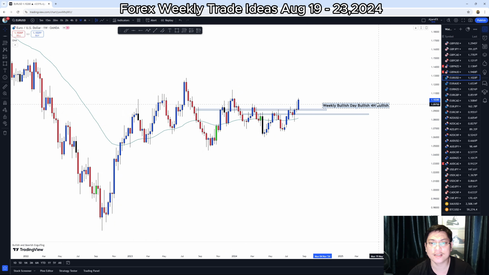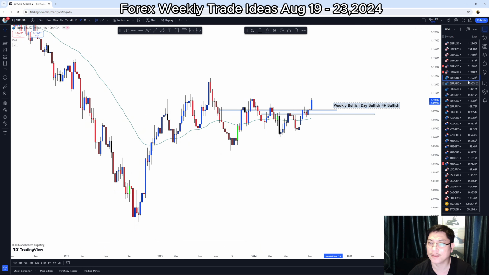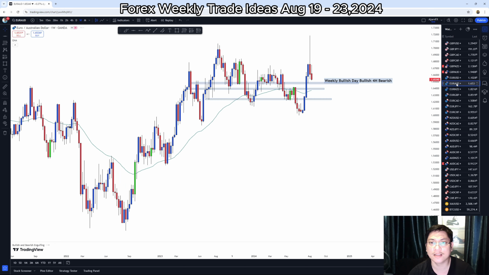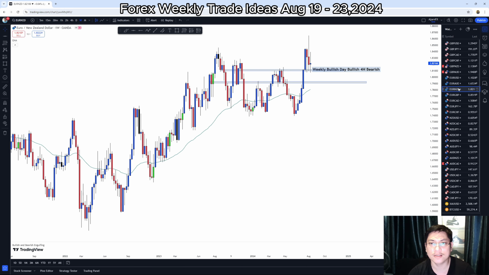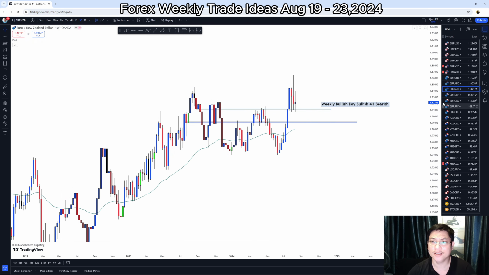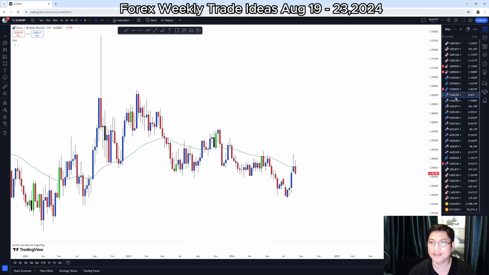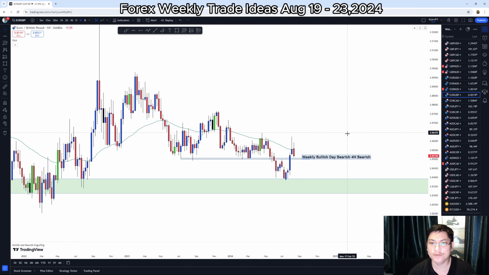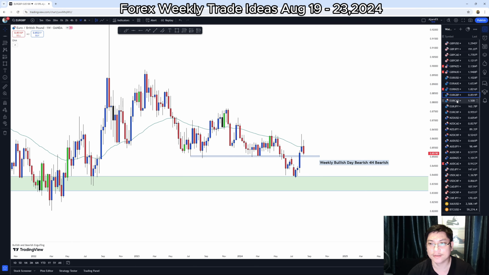For the EUR USD, now I can see a good sign there. EUR AUD, not yet ready. EUR NZD, there's good potential for that. Let's see later on the daily time frame. EUR GBP, I cannot see anything, not yet ready.